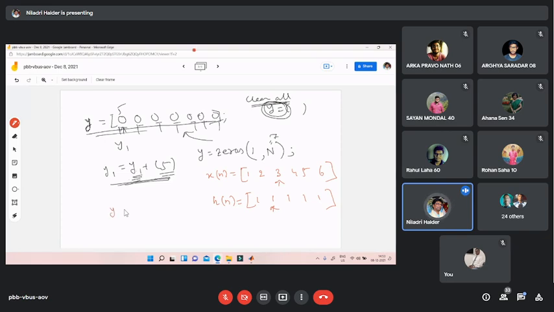Can you tell me what the initial index position of yn will be? The initial index position of xn is obviously -2 for this case, and hn is -1. So what is the initial index position for yn, can you tell me?